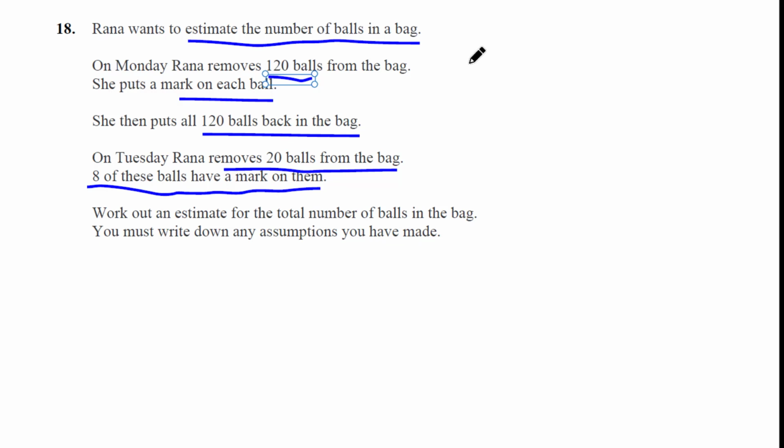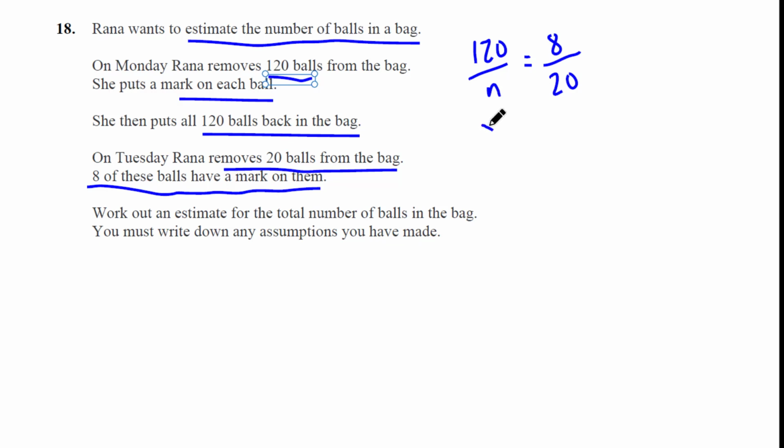I could say, well, there were 120 balls that she took out, and that's divided by n, the total number of balls we do not know. Now, she took 20 balls out on Tuesday, and 8 of them have a mark, and this will give us the proportion.